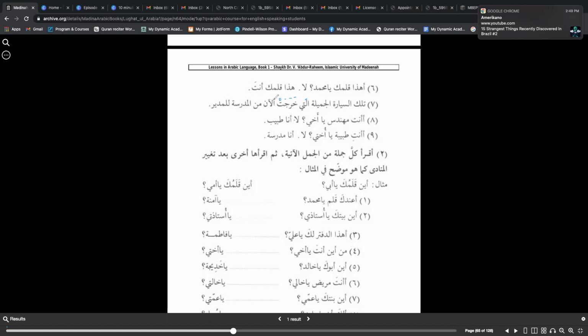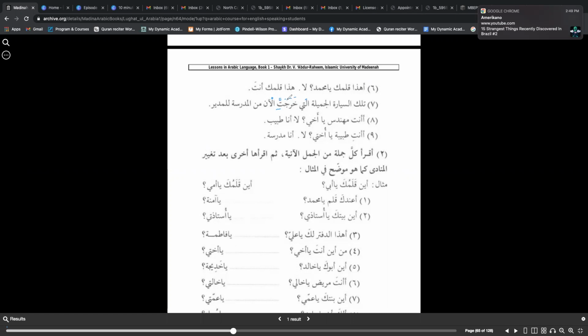You knock out this sound right here, and you put a kasra on this ta. So if it's by itself, if there's no alif lam on the word next to it, then it's kharajat. But because of this alif lam, this alif becomes a hamzat al-wasl, and you go straight to the lam, which will have a sukoon on it, and so you'll say kharajatil.